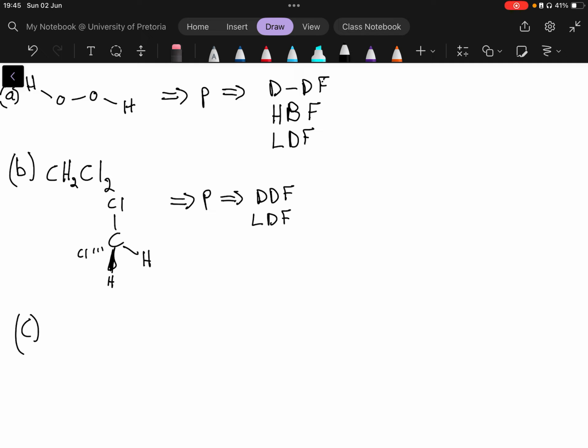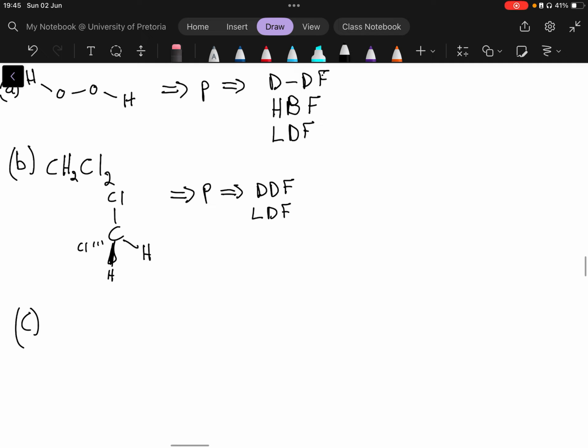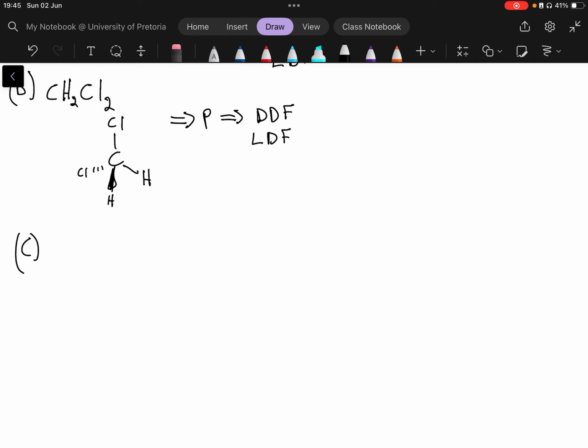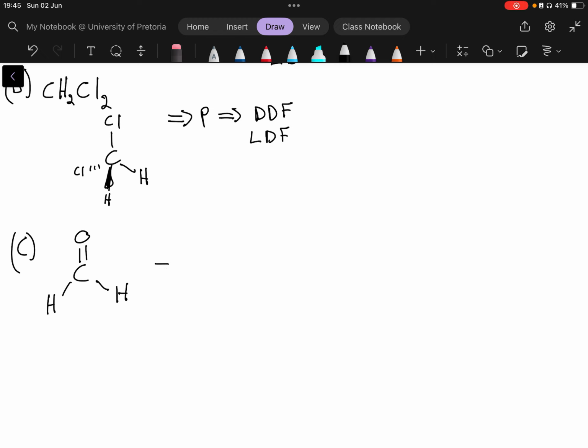Okay, C is H2CO, also known as formaldehyde. Polarity: yes, it's polar. If it's polar, it means we have dipole forces.